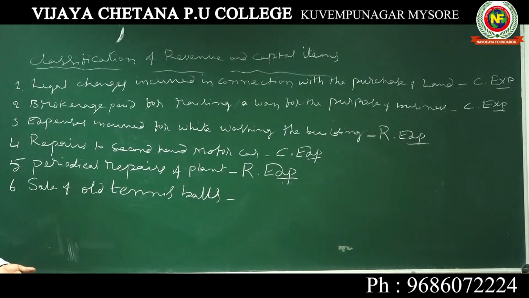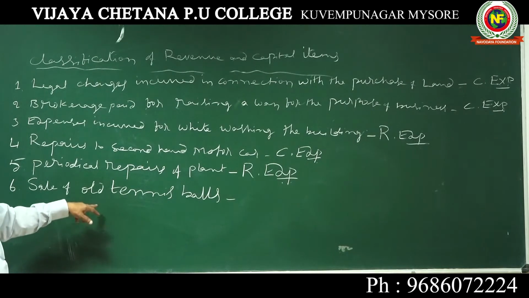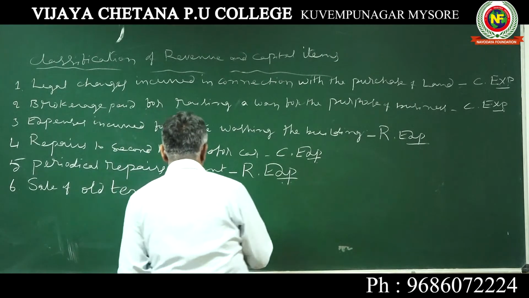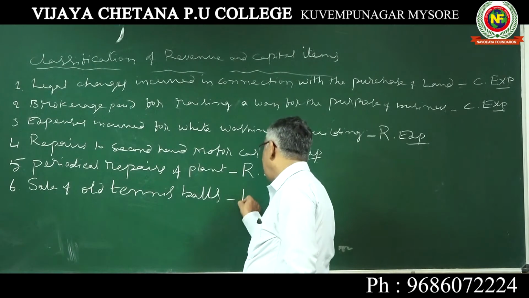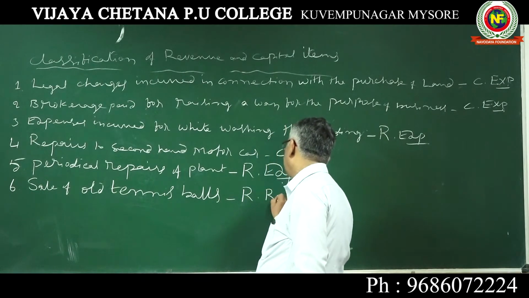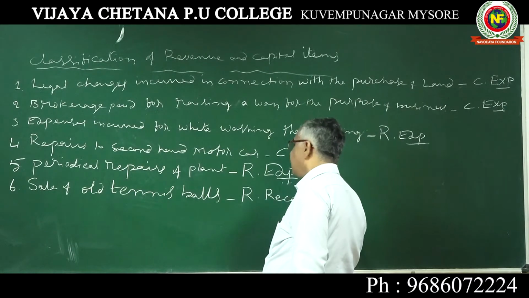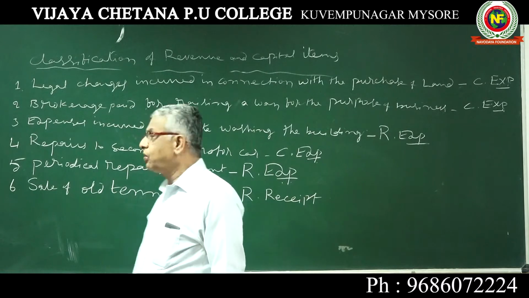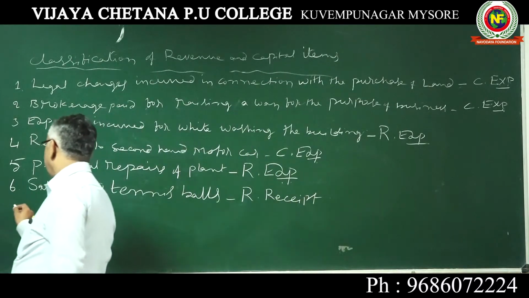Every year, the unused or old tennis balls are sold in an auction. Whatever amount they receive is considered a revenue receipt, because it is the amount received by the educational institution after selling the old tennis balls. So the sale of old tennis balls is a revenue receipt.